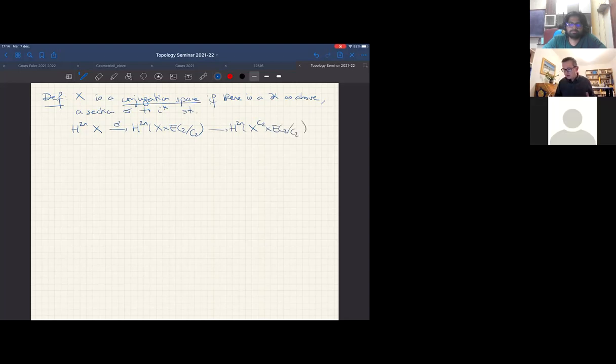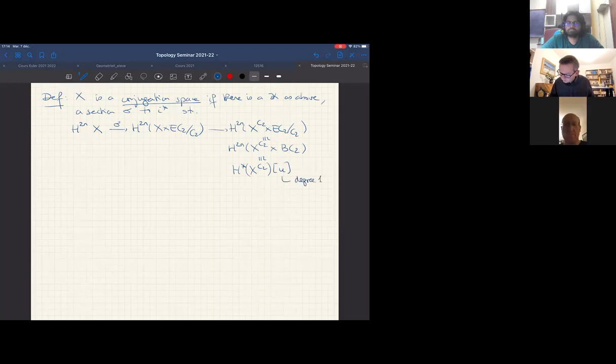Because C2 acts trivially on the fixed points, this is just the cohomology of the fixed points times BC2, and of this space we know how to compute the cohomology. This is the cohomology of the fixed points, and we take a polynomial algebra on a generator u of degree 1, which comes from the cohomology of BC2, RP infinity. And this is in degree 2n.